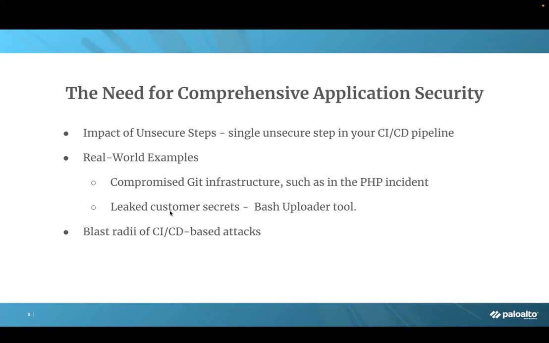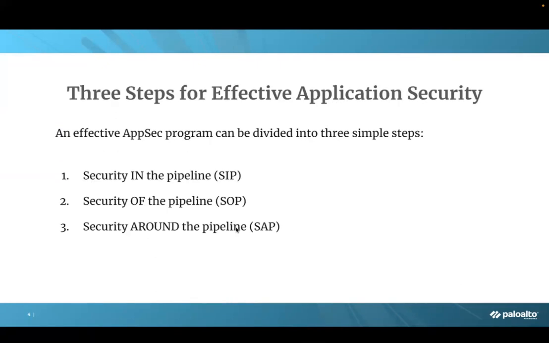Some of the examples I mentioned are the PHP incident, where the Git infrastructure was compromised and some of the customer secrets got leaked out because of the bash uploader tool, and SolarWinds, which shows the blast radius of a CI/CD based attack. There are a lot of them, but these just give you the level of attack that can happen around these areas. I just wanted to bring these as examples here, right?